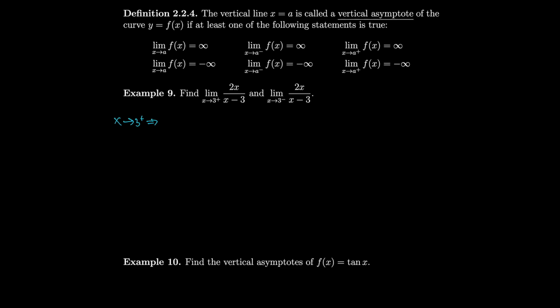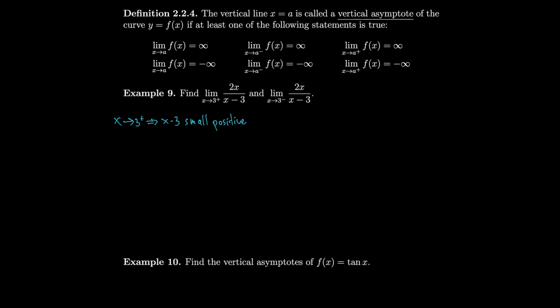So the denominator of the fraction, x minus 3, becomes a very small number. Like 3.1 minus 3 gives you 0.1, 3.01 gives you 0.01. That's a very small number, but it's still positive because we're to the right of 3. So it's a very small positive number.